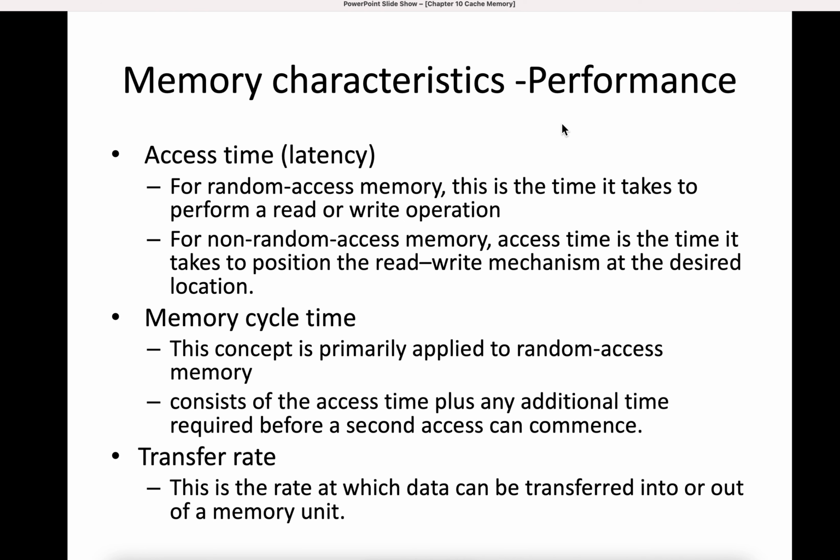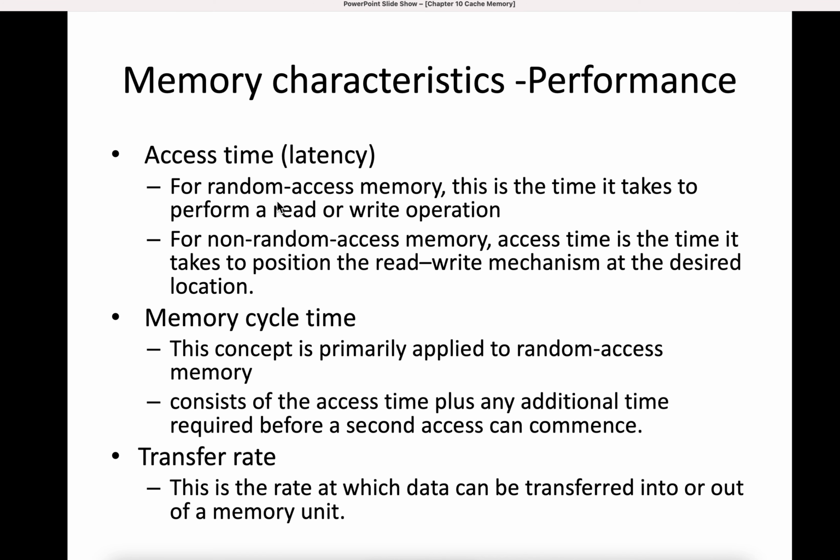The next characteristic is performance. There are 3 main metrics for performance of a memory system, which are the access time, memory cycle time, and transfer rate. But for this particular chapter, we are going to focus on access time.